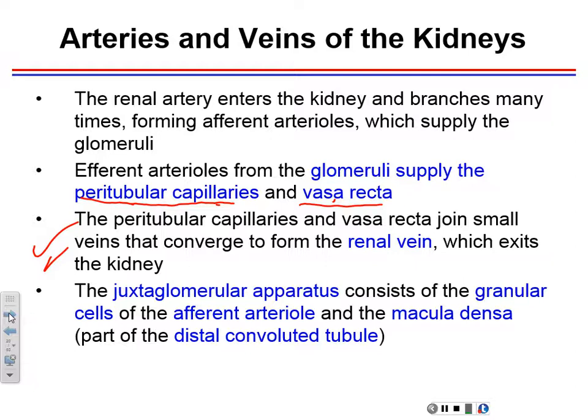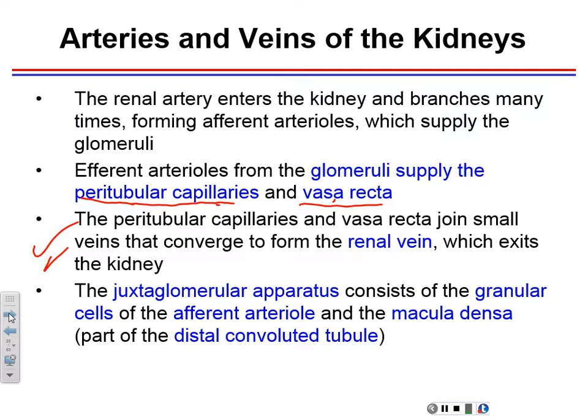The distal convoluted tubule comes back into close proximity with the afferent arteriole, and it forms the juxtaglomerular apparatus, made up of specialized cells on the distal convoluted tubule called macula densa. Okay, they're sort of enlarged cells. And those cells are very much in close proximity to the granular cells on the afferent arteriole.